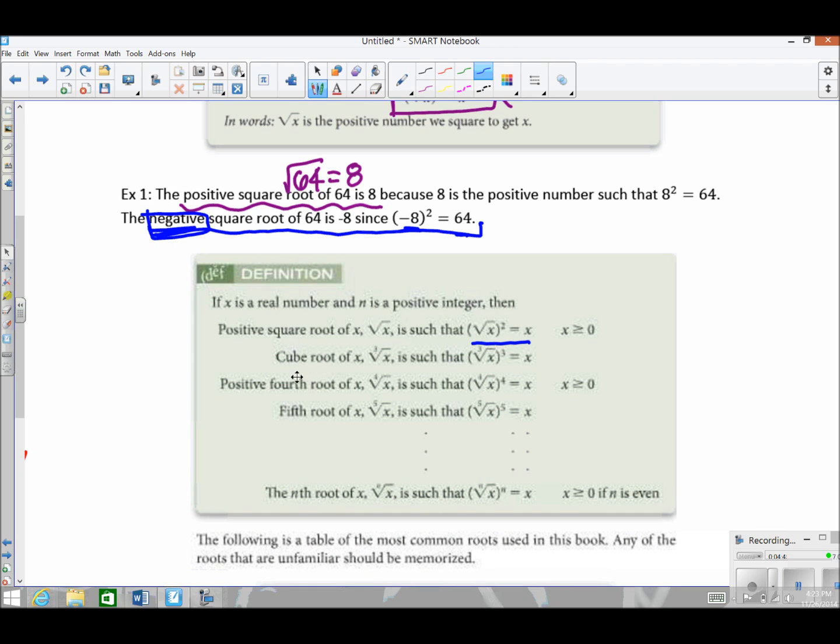So if I wanted to find the cube root, though, notice how the word positive isn't here anymore, because cube roots can be negative. You can take the cube root of a negative number, because if you think about it, it's asking you what number do you have to multiply by itself 3 times to get the number underneath the cube root.